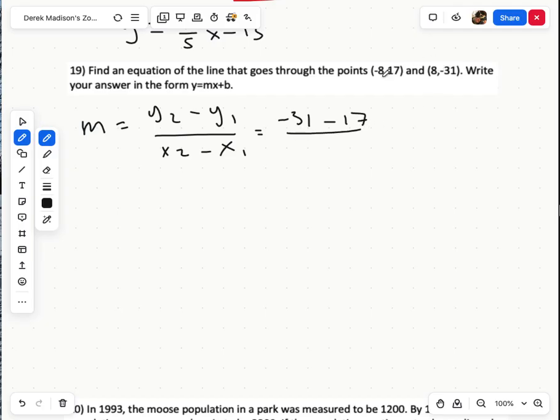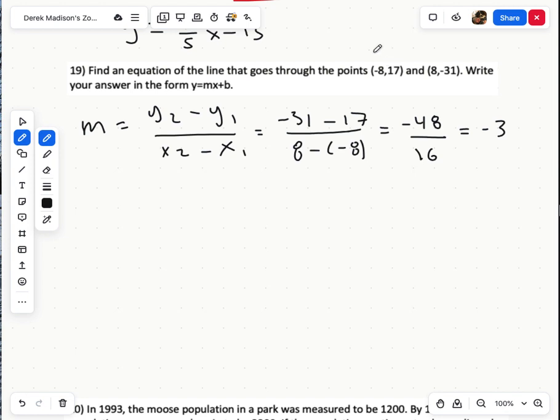And then 8 minus a negative 8. So let's see, that is going to come out to negative 48 up top. And then minus and minus, that's a plus, so that would be a 16 right there. And then that should reduce down to negative 3.